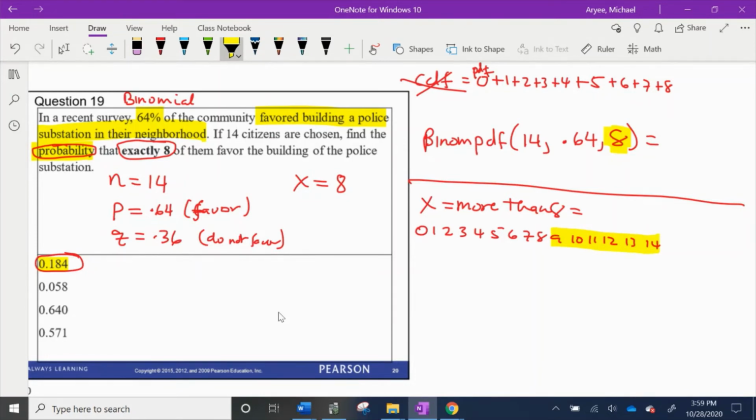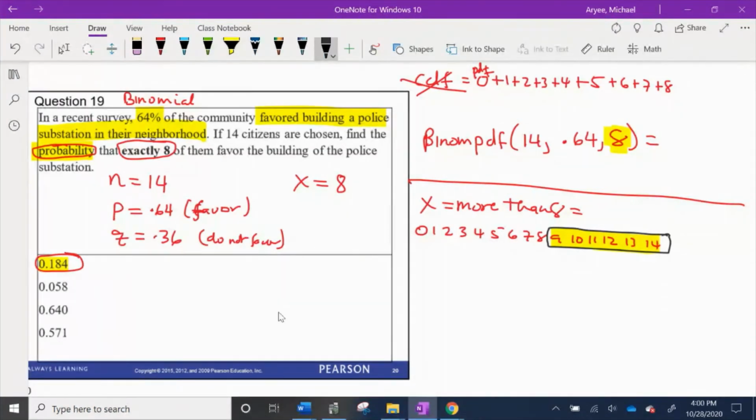So one way you can do this problem is to do 9, write the answer down, do 10, write the answer down, do 11, doing PDF for each one. If you take a test, that is not an efficient way.